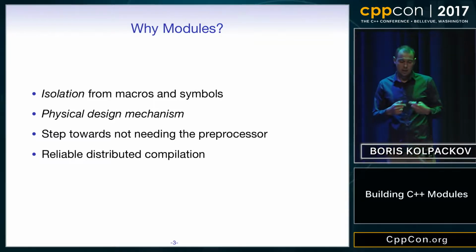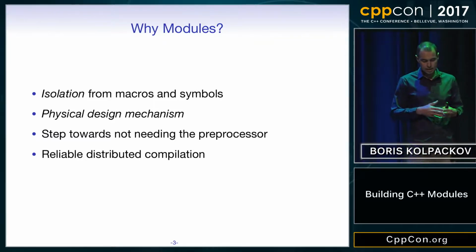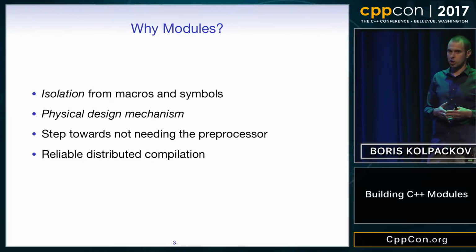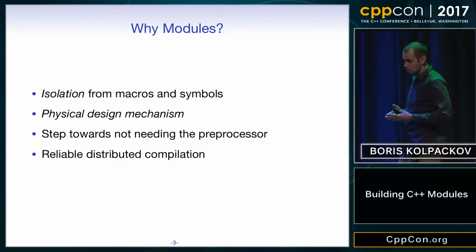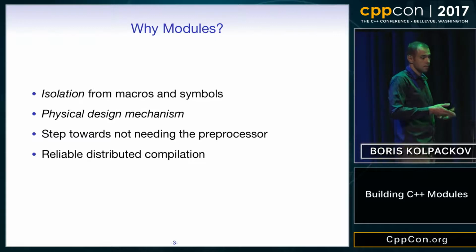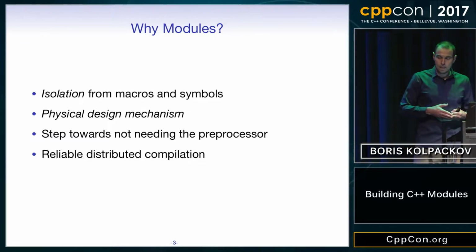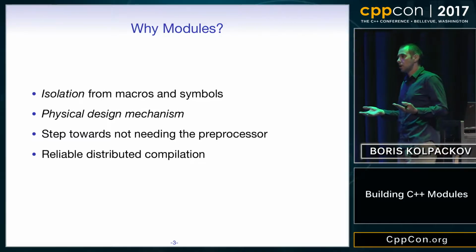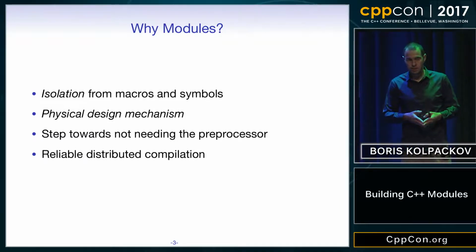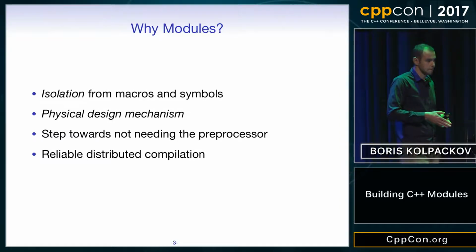So in this sense, they are a physical design mechanism that forces us to think about how we structure our code. Modules are also a first step towards not needing the preprocessor, at least in most translation units, hopefully one day. The most commonly used preprocessor directive is include, so modules make it hopefully unnecessary in most cases.